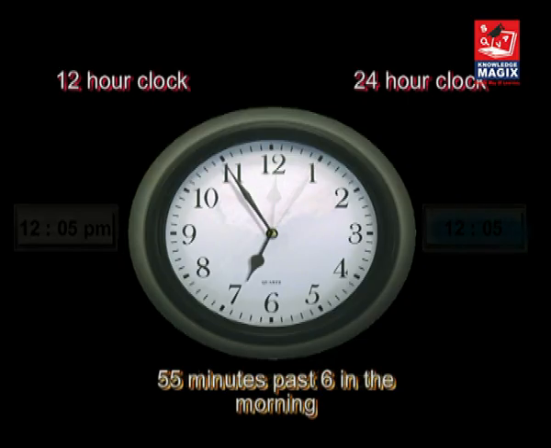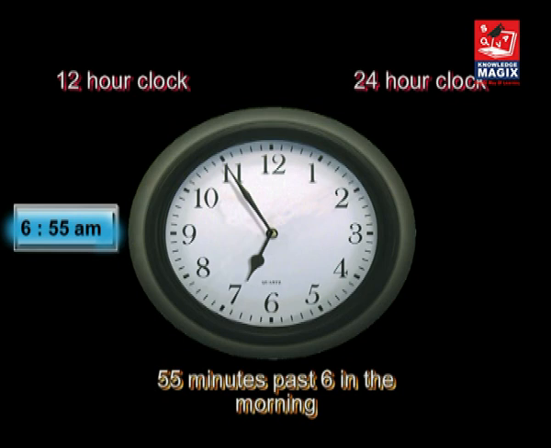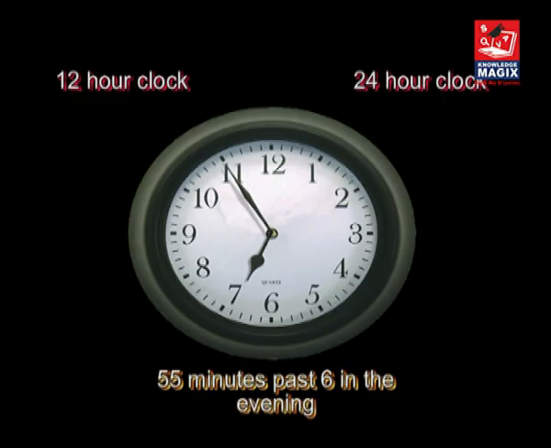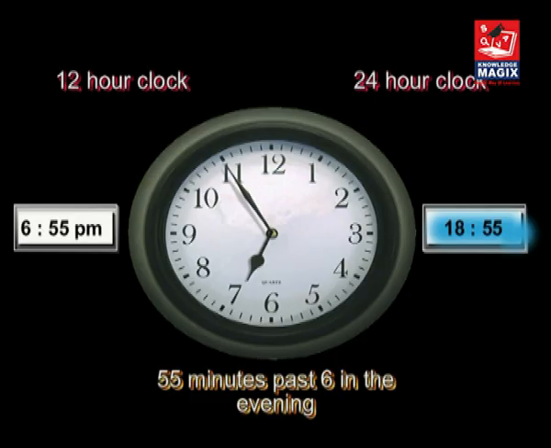Then 55 minutes past 6 in the morning, 6:55 AM in 12-hour clock, 06:55 in 24-hour clock. Then 55 minutes past 6 in the evening is shown as 6:55 PM in 12-hour clock. In 24-hour clock it is 18:55.